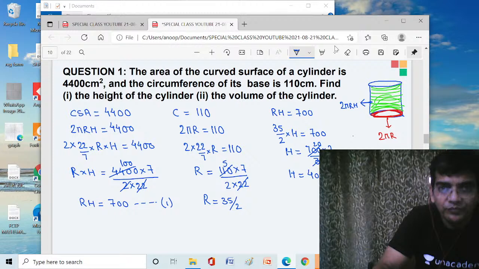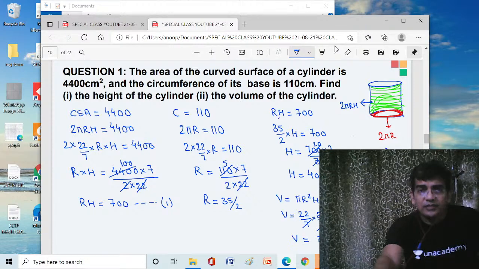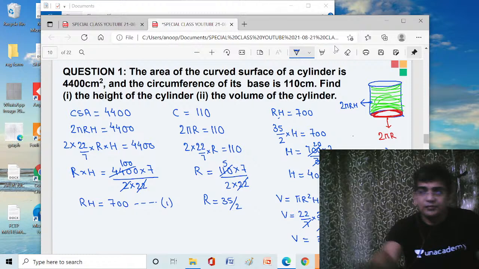Then the circumference is given as 110. I applied the formula for circumference 2 pi r, and I am getting the radius as 35 upon 2. Now substituting this value of radius here, I am getting the height as 40.